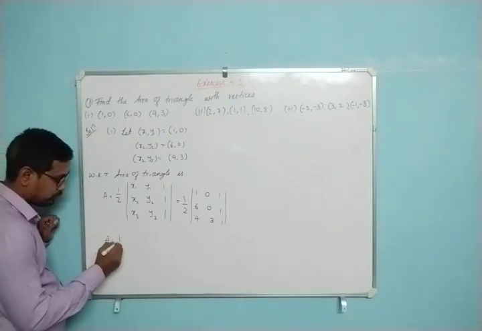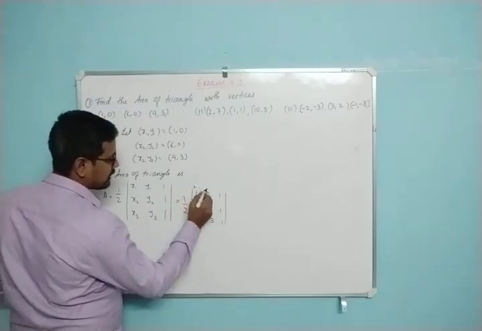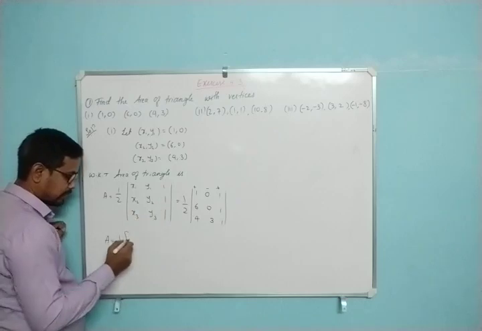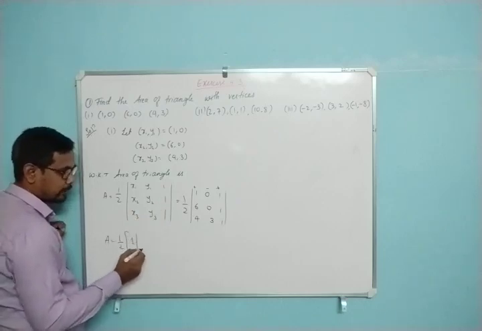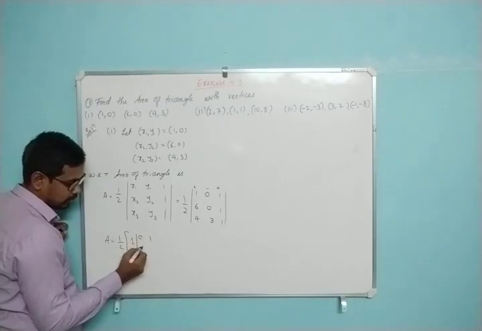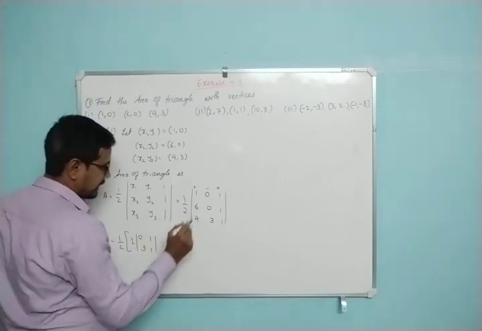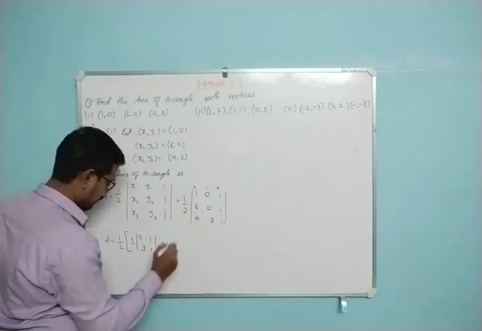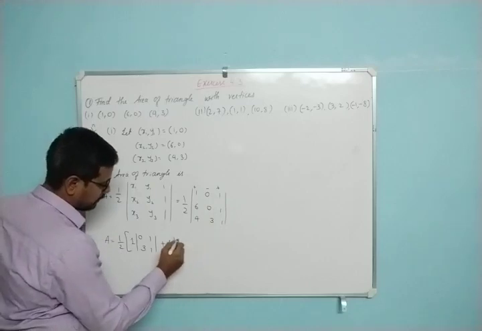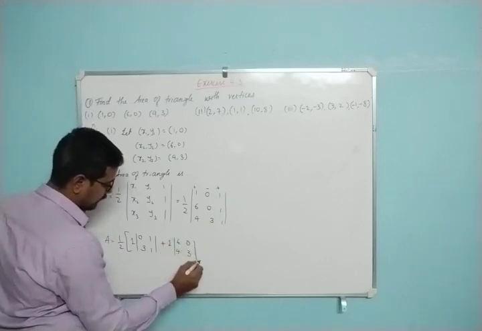Area is equal to half into, what will be the sign convention? Plus minus plus. So plus 1 into the determinant, leaving the first row and first column: 0 1, 3 1. Minus 0 into anything is 0, plus 1 into, leaving the first row and third column: 6 0, 4 3.